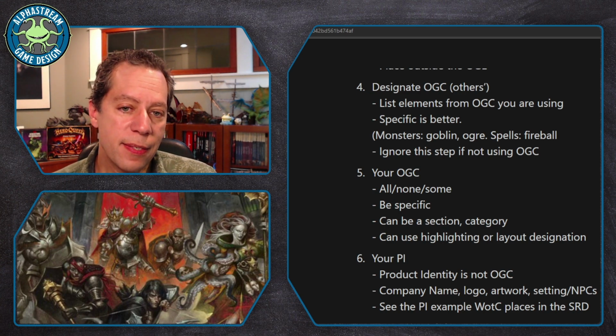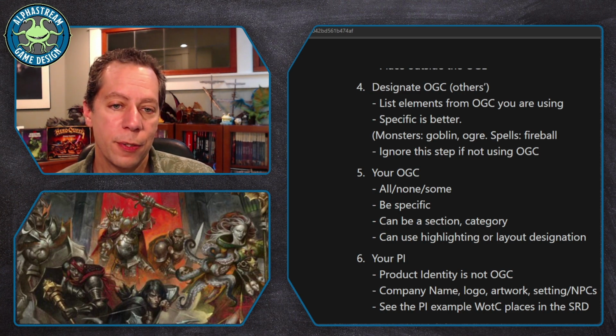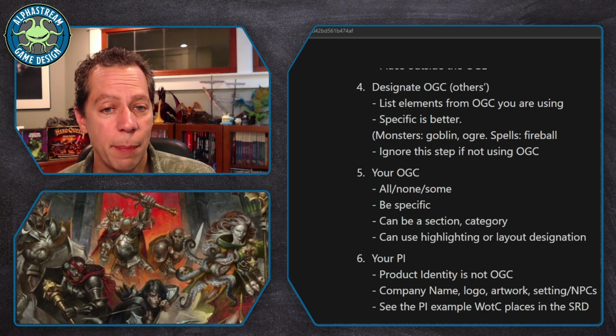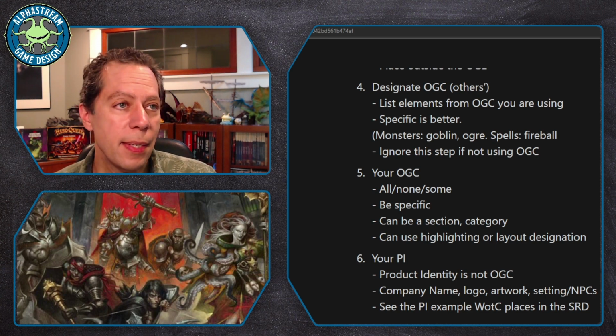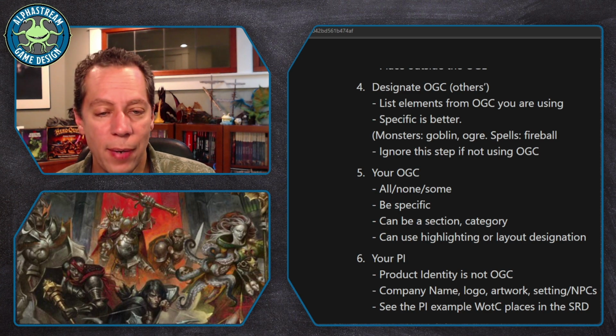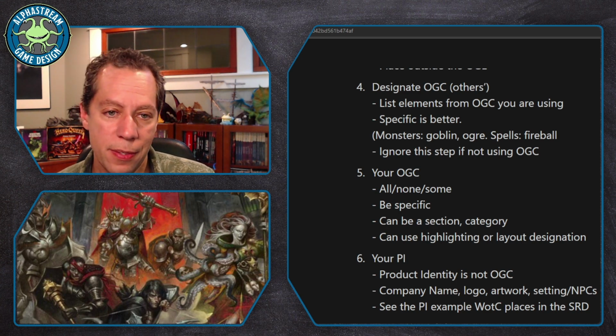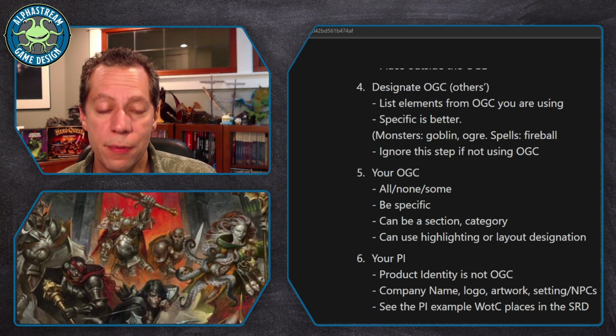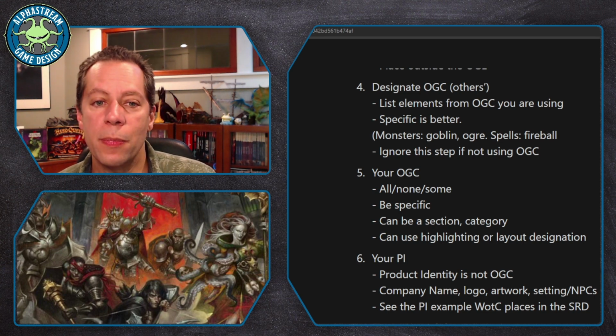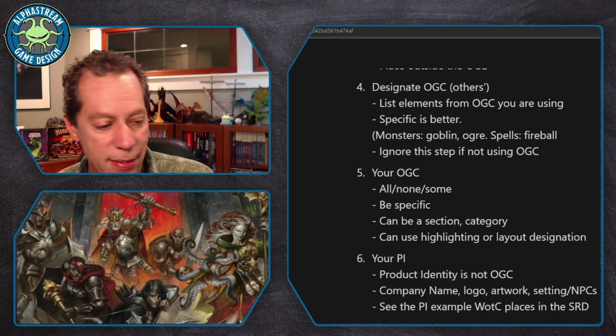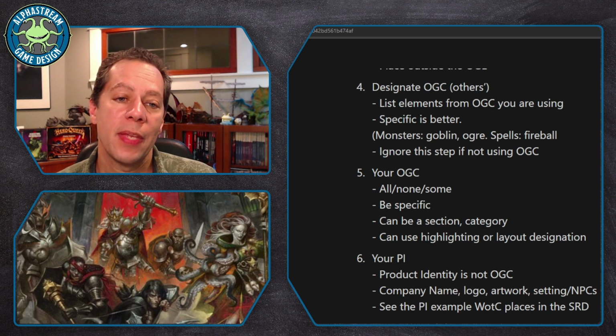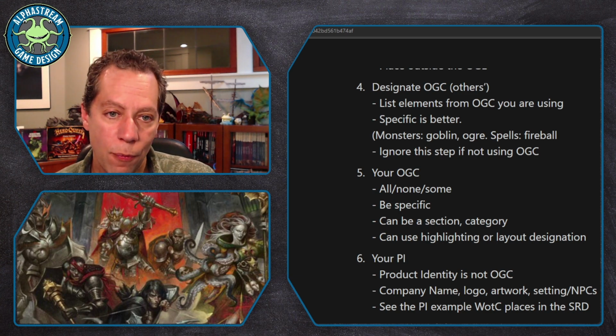You can, in some cases, refer to a section, particularly if you're using something from Kobold Press and you are using all of their monsters. You could say something like, uses all of the monsters from, or uses the monsters found in Kobold Press's, blah, blah, blah, whatever the name of it is, right? And that would designate what content that is in your product comes from them.